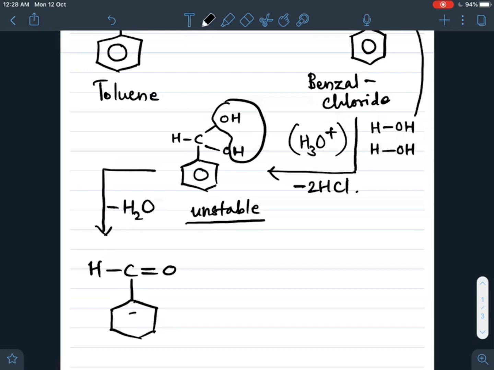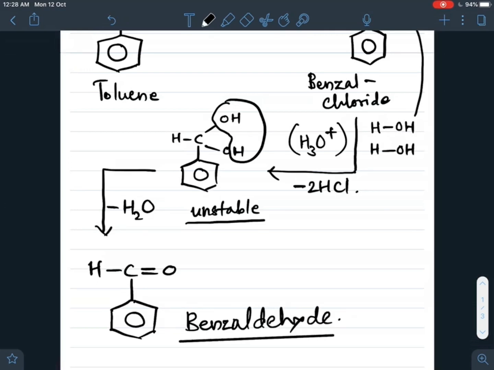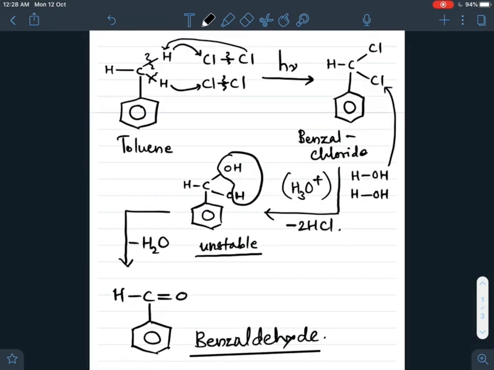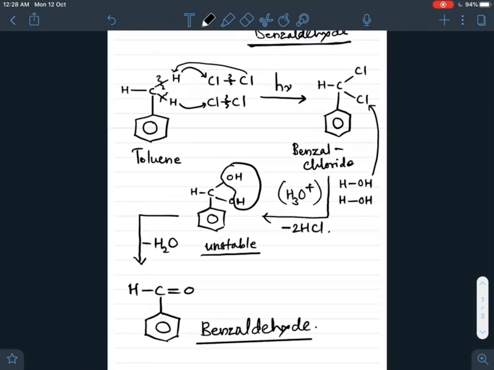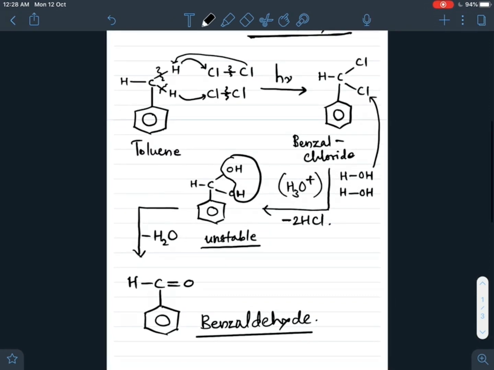So this is the side chain chlorination reaction. In the side chain chlorination reaction of toluene, finally we get benzaldehyde. So this is the preparation of benzaldehyde from toluene by side chain chlorination, the most important step or mechanism of side chain chlorination.